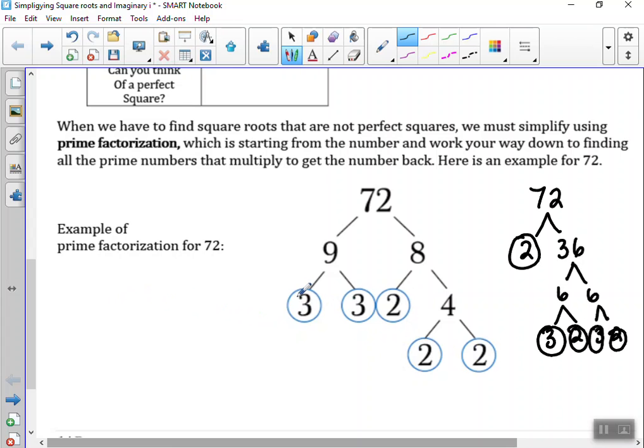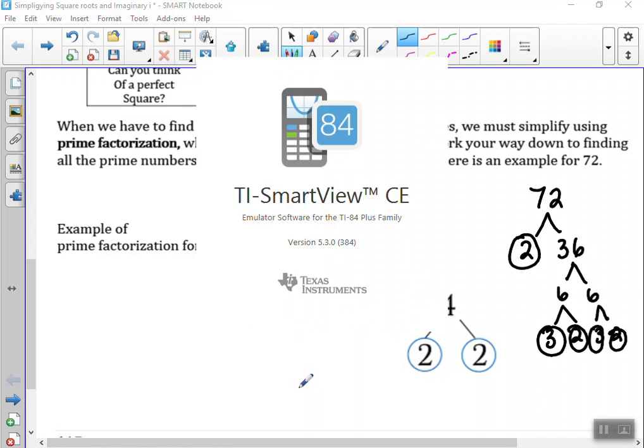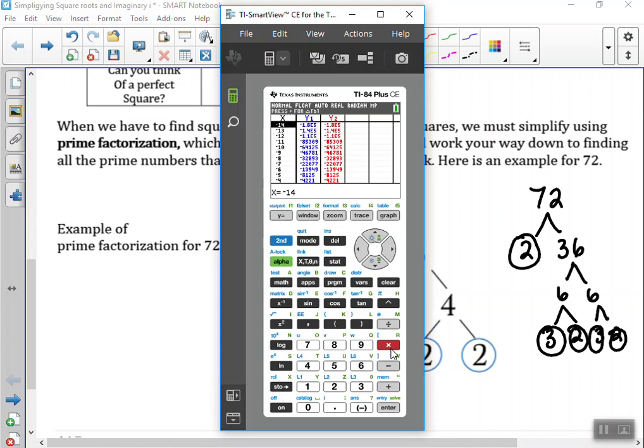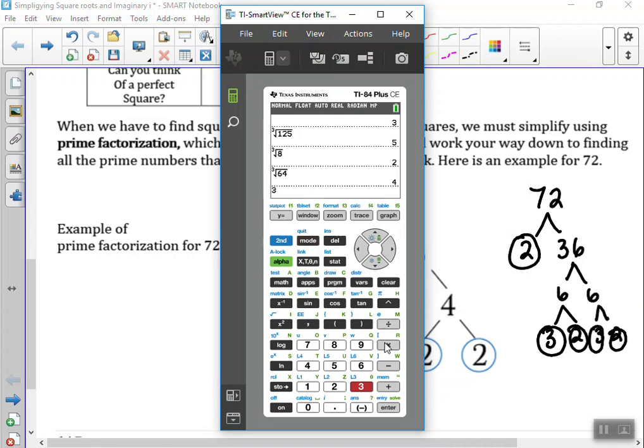And in the end, if you take all these numbers and multiply them together, 3 times 3 times 2 times 2 times 2, you should get 72 back.